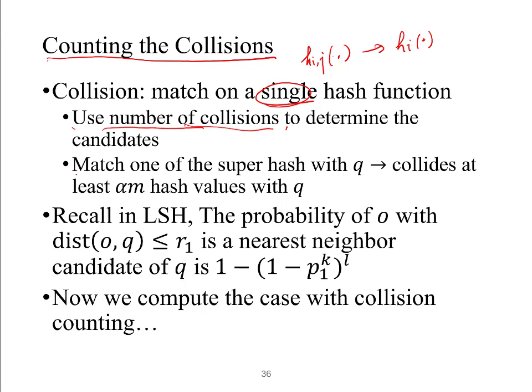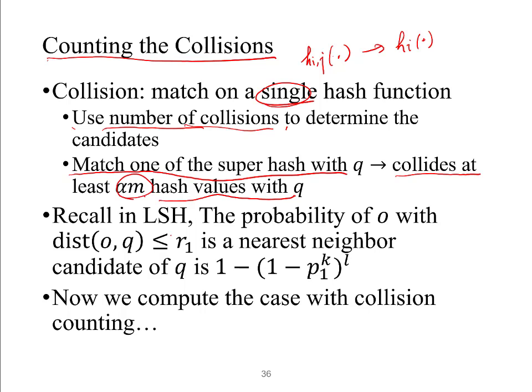So again, in LSH, we need them to match one of the super hashes with the query, but now we want them to collide on at least alpha m hash values with the query.